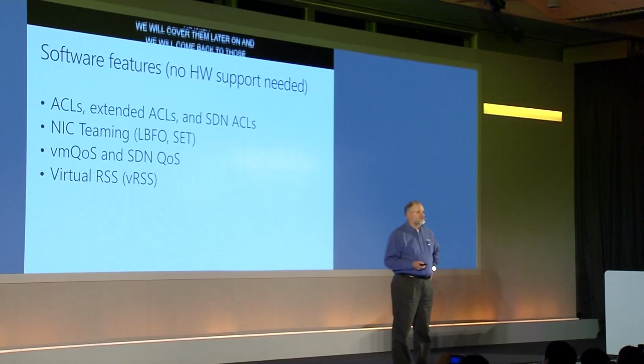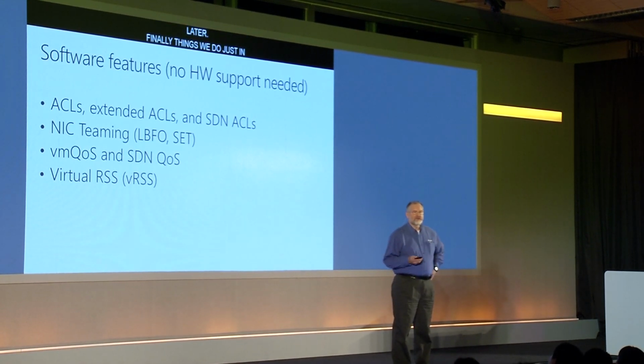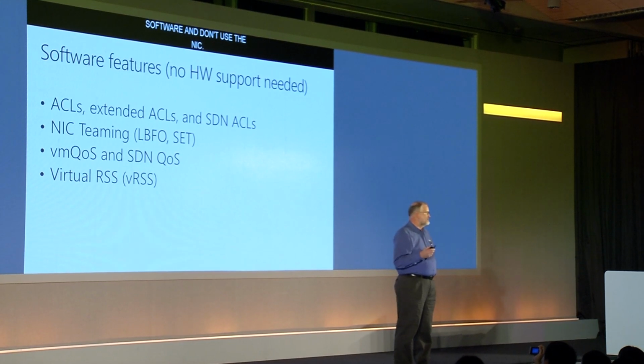And finally, things that we do just in software, where we don't use the NIC. We use access control lists. Places where an administrator can say, this VM, for example, can only talk to these addresses, or it can talk to every address it wants to except for this list. NIC teaming. We have two kinds of NIC teaming we deliver in Windows Server today, LBFO and switch embedded teaming.